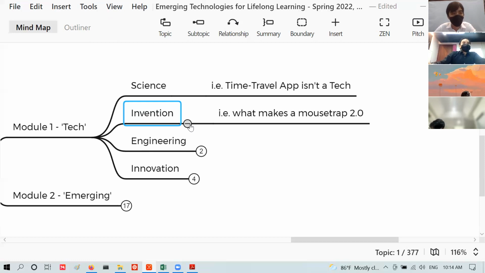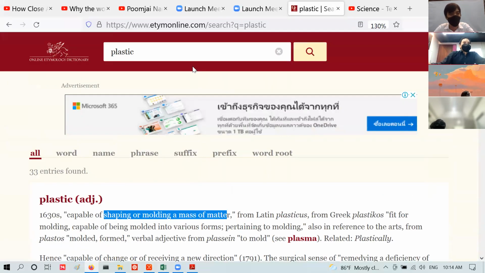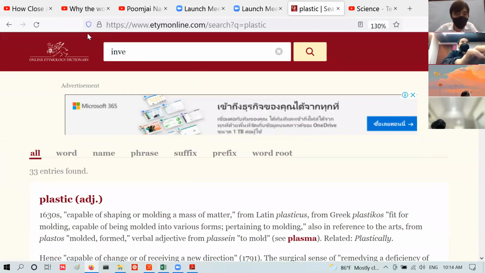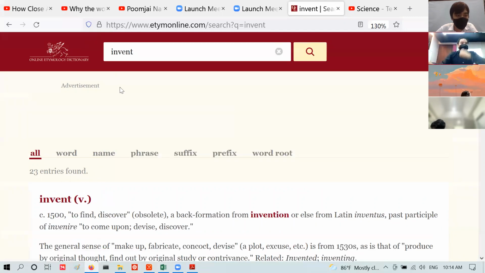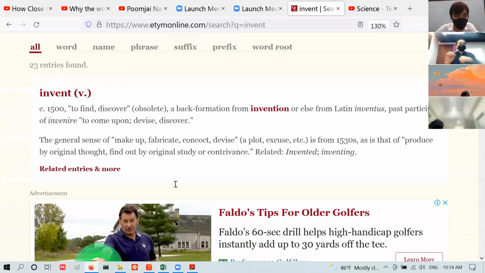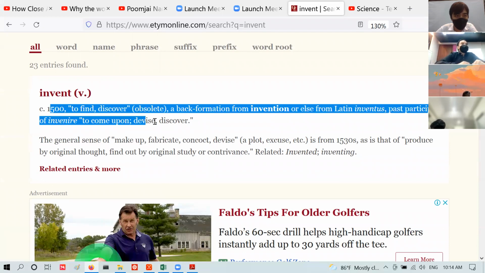Well, let's look at the word invention. I like to do this. Invent. The first sense is to find and discover. That would be like inventing a formula. You find that it works.